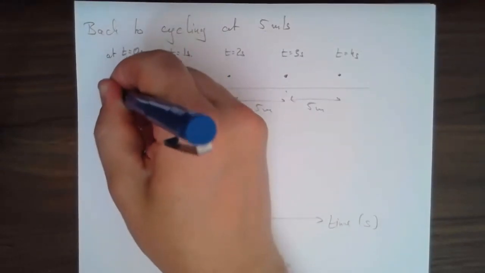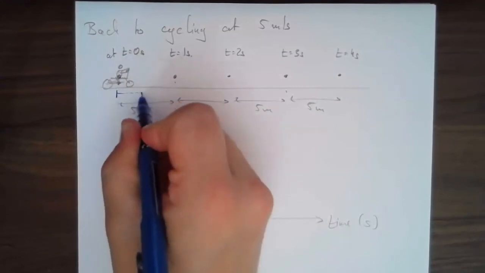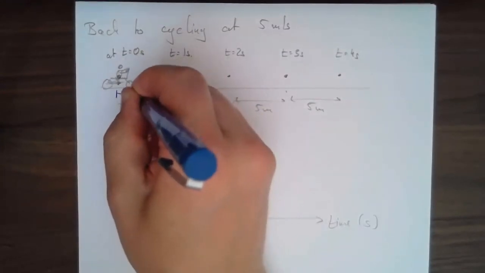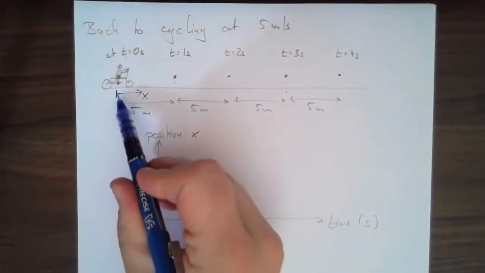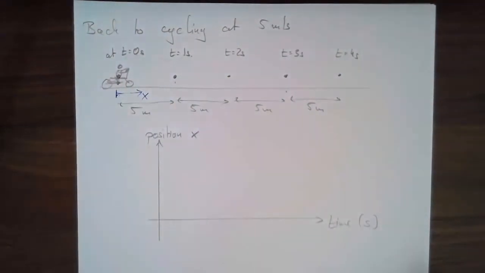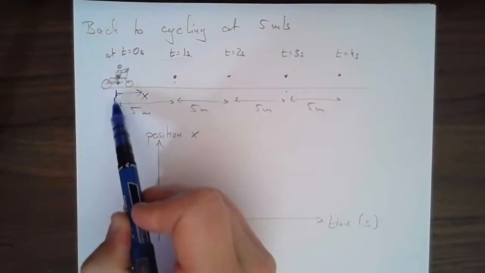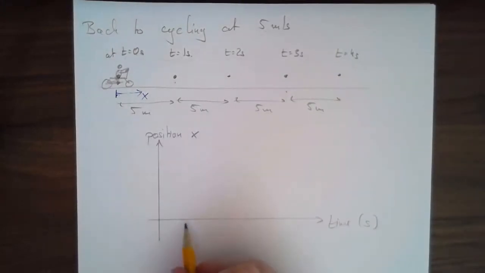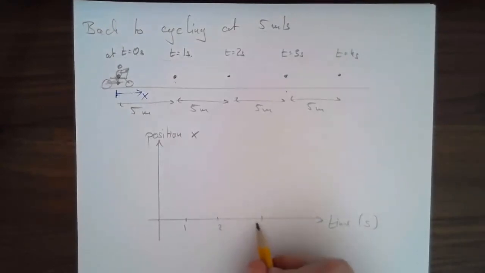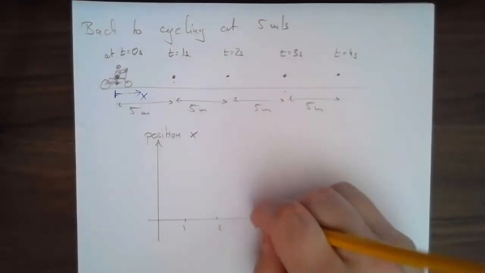This is also where I start my coordinate system. And this is my x coordinate, origin here, pointing to the right. Well, at time equals 0, I am at the position x equals 0. So at time equals 0, it's right here. There's going to be 1 second, 2 seconds, 3 seconds, a bit unevenly drawn. Let me fix it a bit.